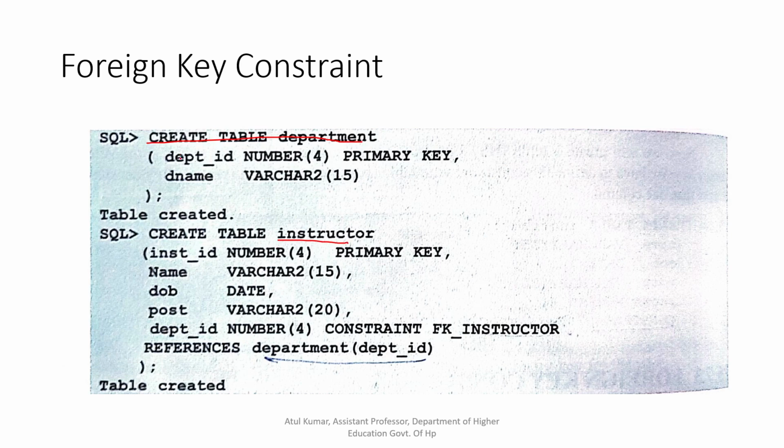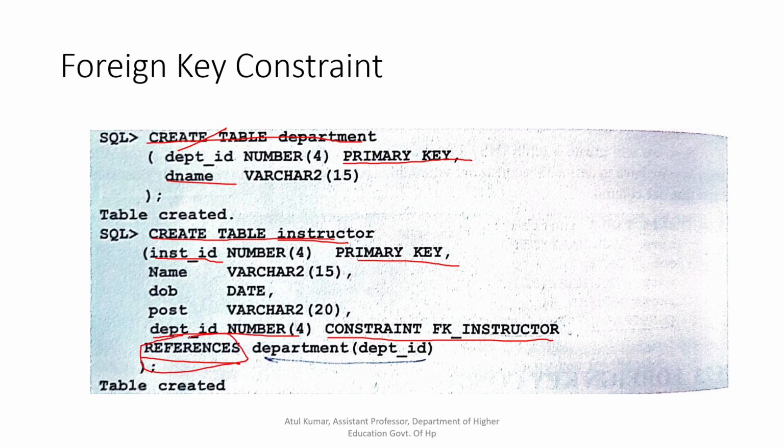In the department table, we have two attributes, that is department id and department name. Here department id we have created as a primary key. In the other table, instructor, instructor id is a primary key, and we have created a foreign key department id. This is created like this: constraint foreign key instructor references.